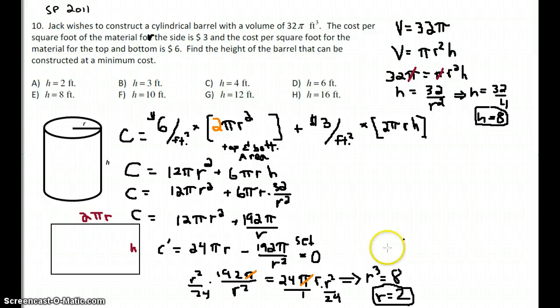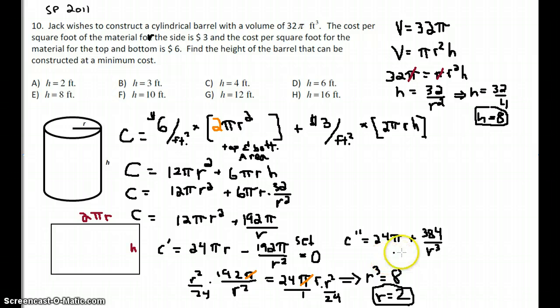second derivative. Take a look at that. Second derivative would be 24 pi plus, doubling 192, 384. Double check me on that, but I think it's right.